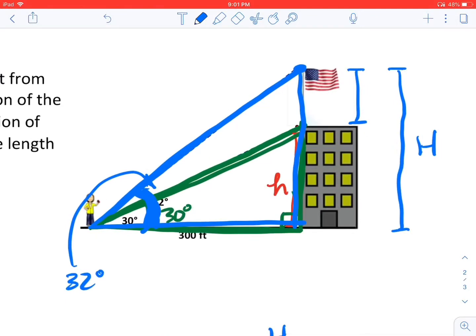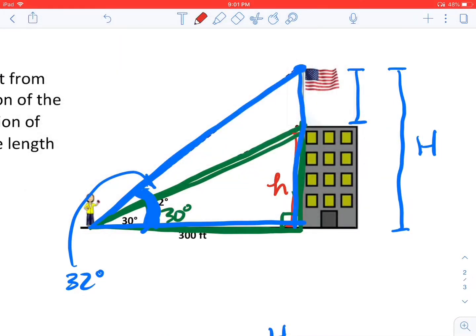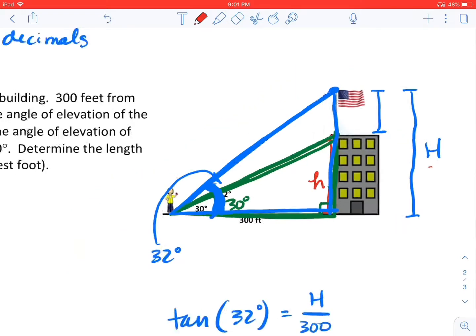If I wanted to solve for just the flagpole's height, well, that would be the entire height of the flagpole plus the building, capital H, minus the height of the building, little h.